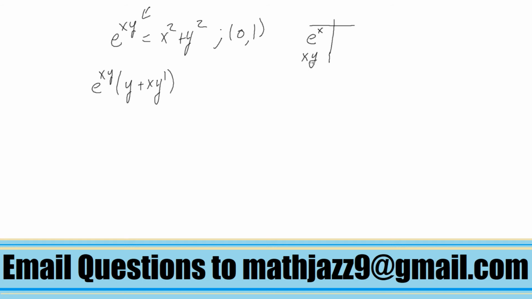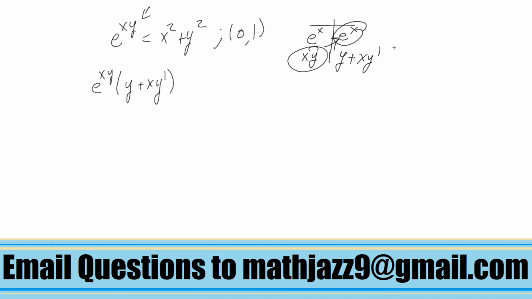Do we see how when we plug this xy into that function, we get e to the xy? Yeah, of course we do. It's not so hard. But doing it this way, when we take the derivative, we get e to the x. The product rule here gives us y plus x y prime. We plug this into this.